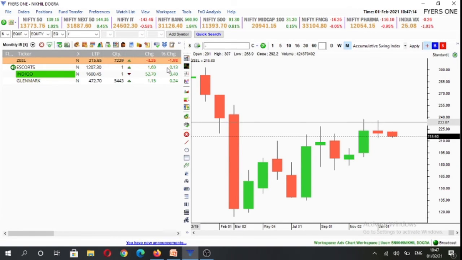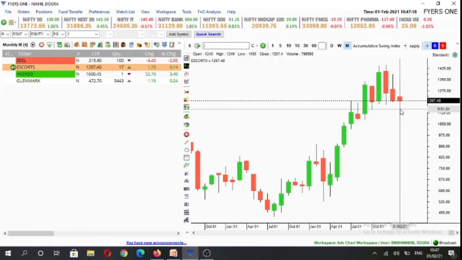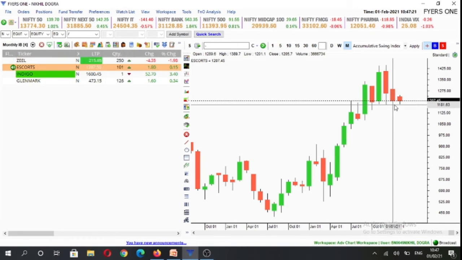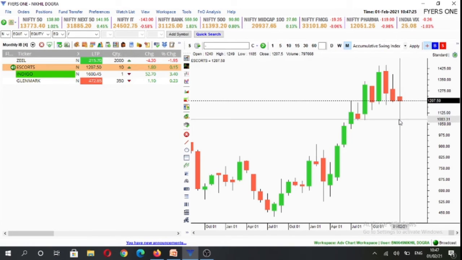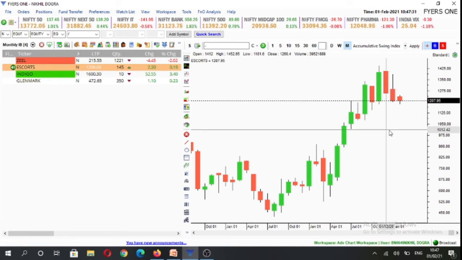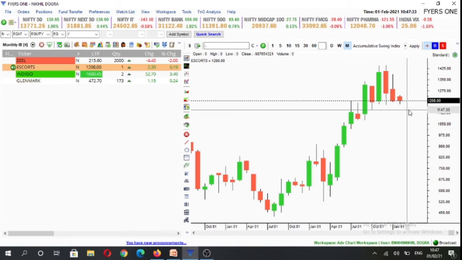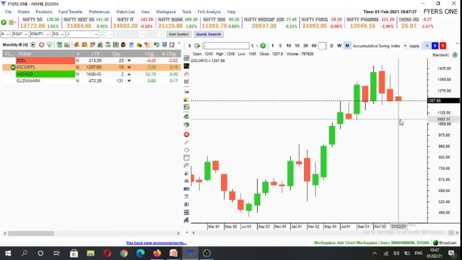And second stock is Escorts. So Escorts, you will see that last month was an inside candlestick which has broken to the downside. So we'll look for buying opportunity only above 1389.8 levels. However, it has broken to the downside, so we would have to observe this month's open, that is February open.